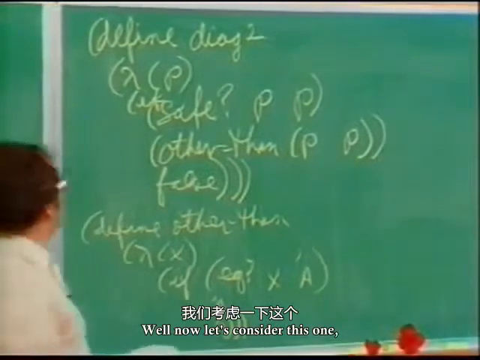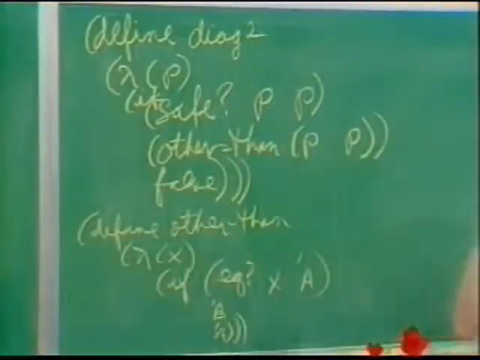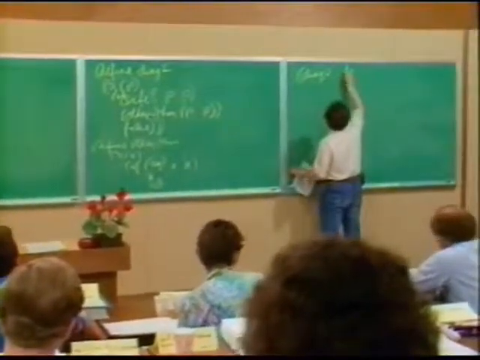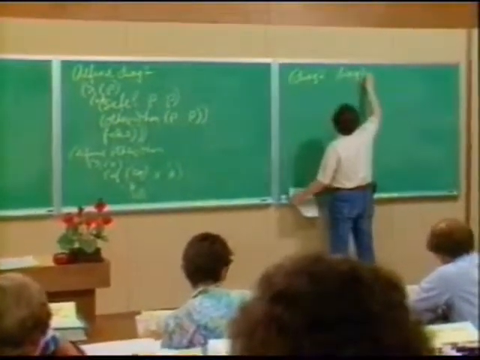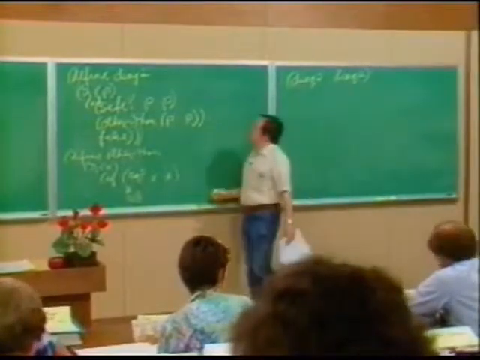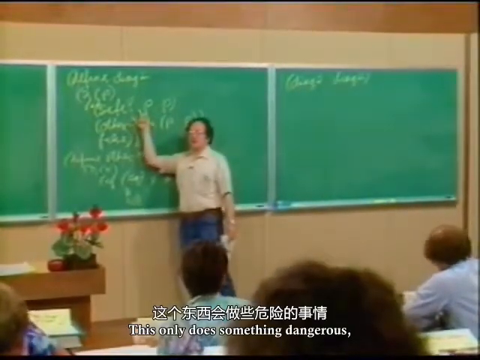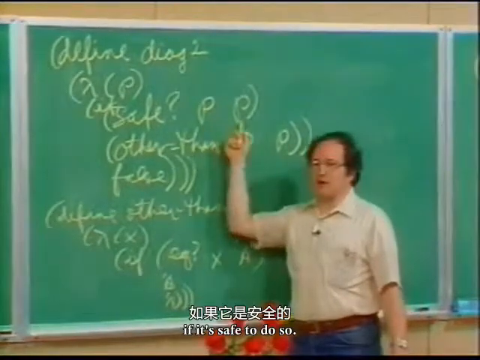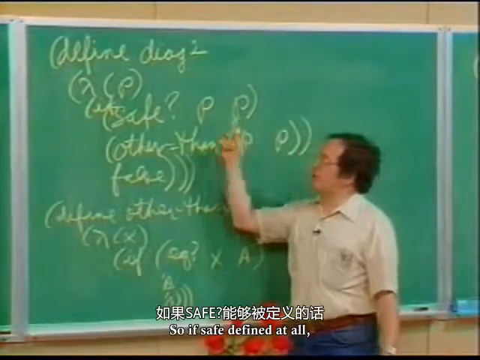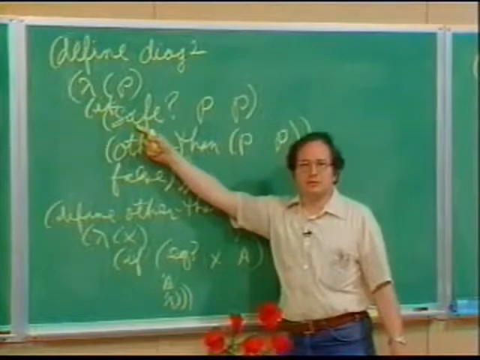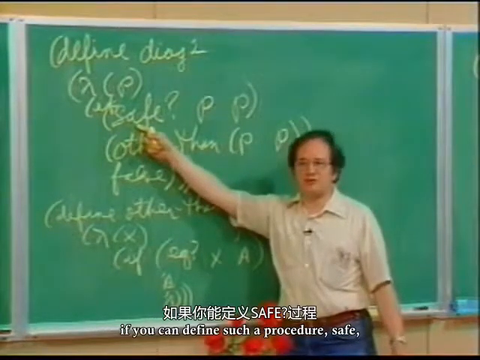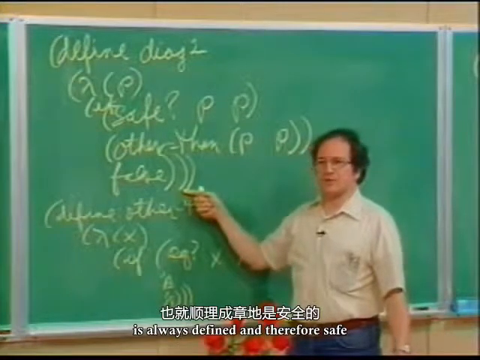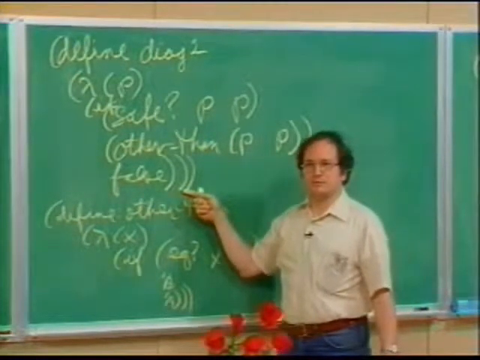Well, now let's consider this one, diag2 of diag2. Well, look, this only does something dangerous, like calling P of P, if it's safe to do so. So if safe is defined at all, if you can define such a procedure safe, then this procedure is always defined and therefore safe on any inputs.